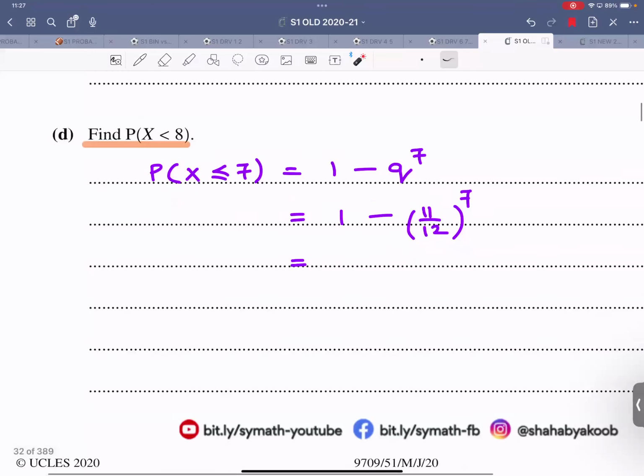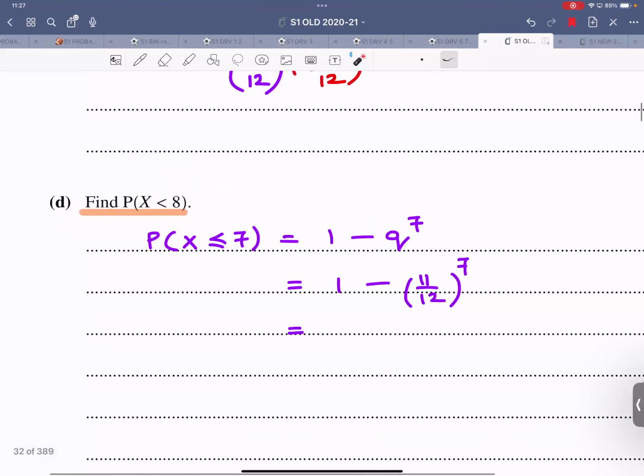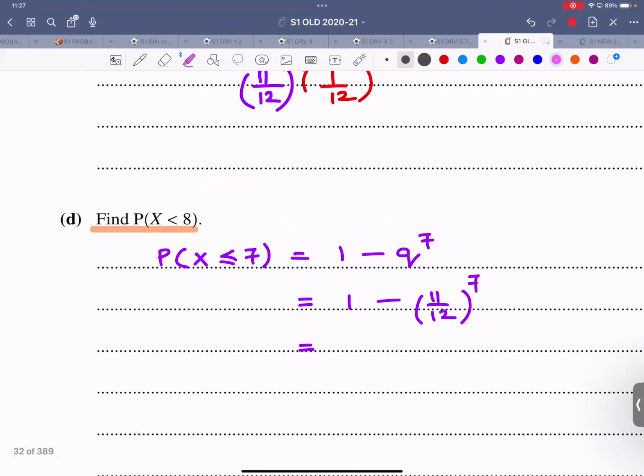The next one, find the probability x is less than 8. Now there are two formulas which are very, very useful. Instead of working out the whole thing, let me write them in a box. Let me create another box. Now the two formulas are these.